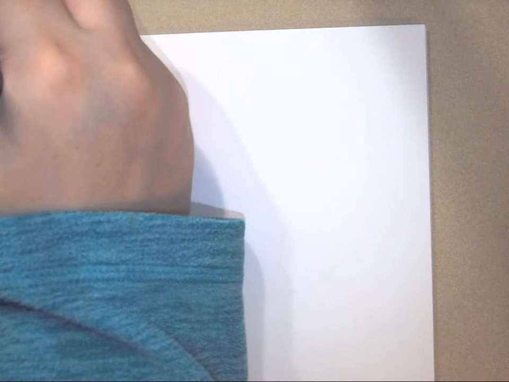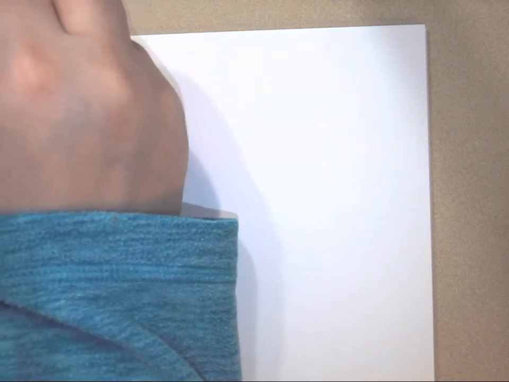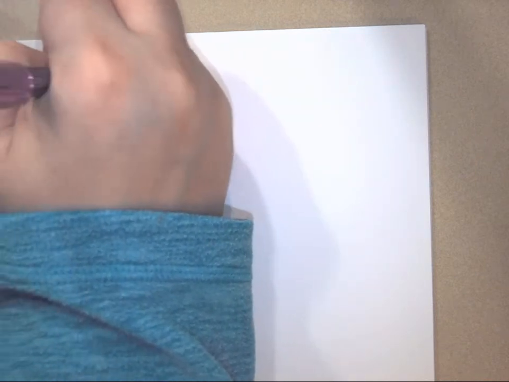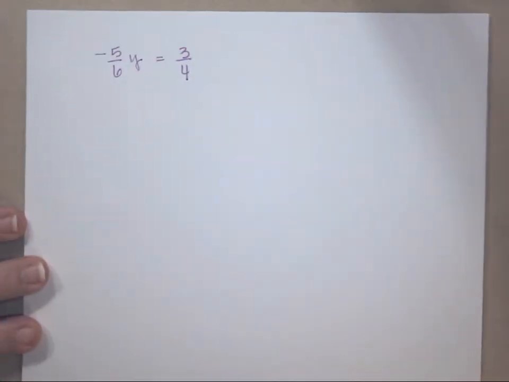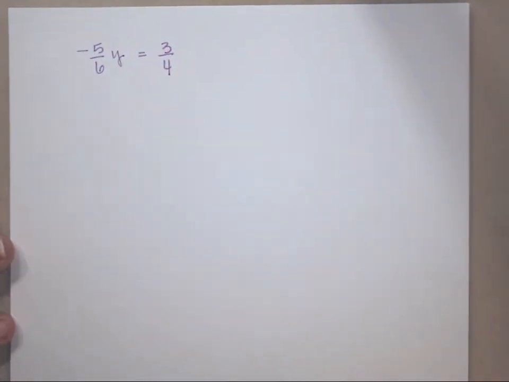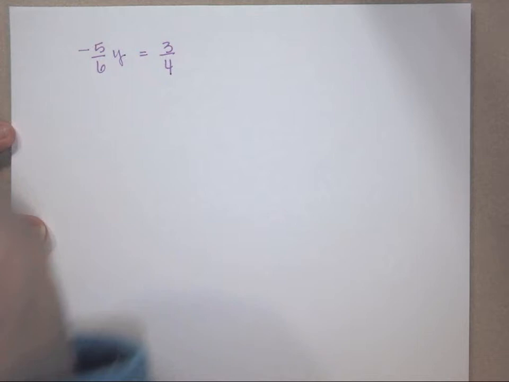Alright, let's look at another one here. What happens if we had negative 5 over 6y is equal to 3 over 4? Well, there are two big ways that we could approach this problem, and I'm going to go ahead and show you both ways.